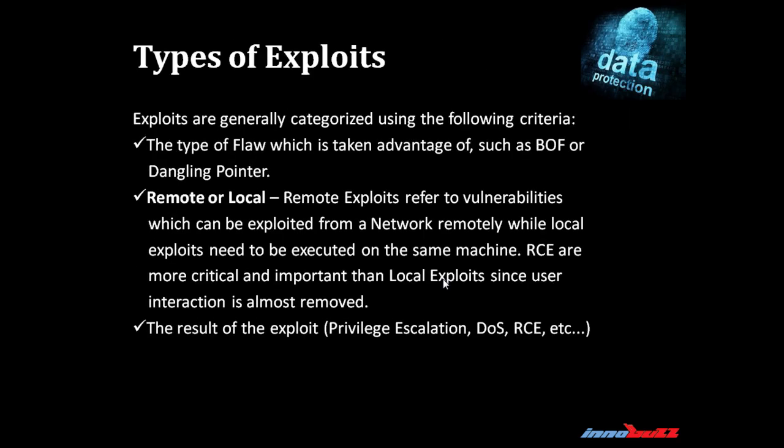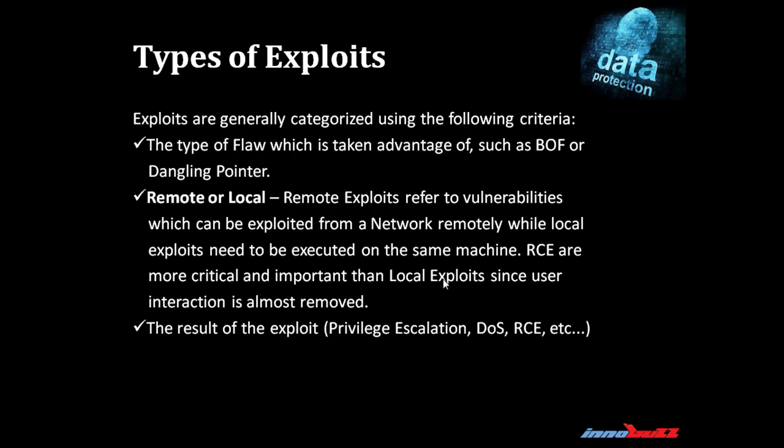Now, based on the type of environment, it is important that exploits be classified into different types. That helps the penetration tester to accommodate several variables in a penetration test, which helps him to conduct a thorough penetration test. Exploits are generally categorized using the following criteria, such as the type of flaw that is taken advantage of, such as BOF or dangling pointer; remote or local.